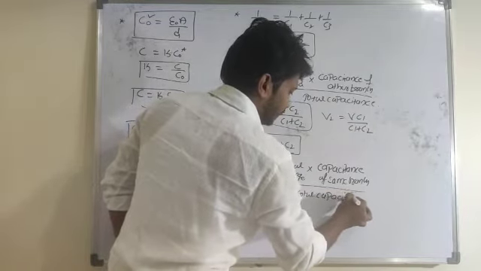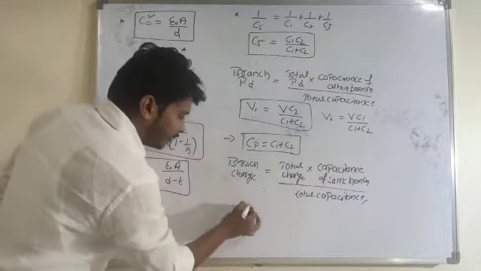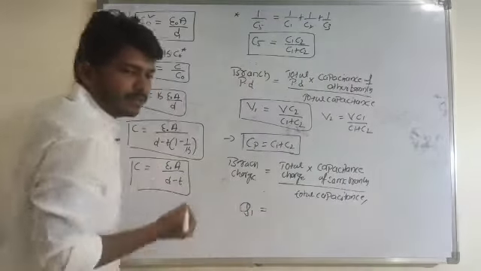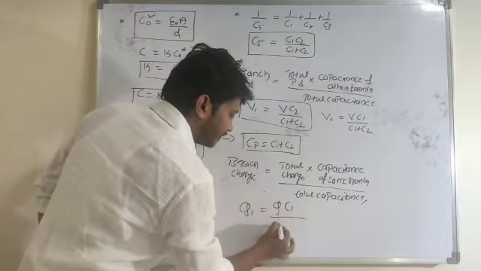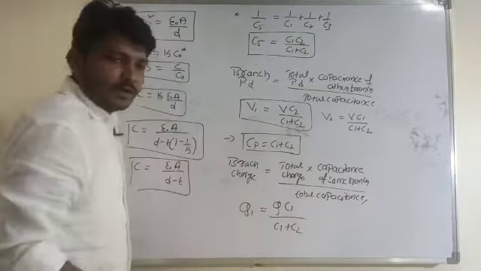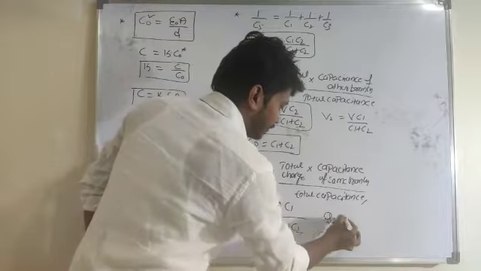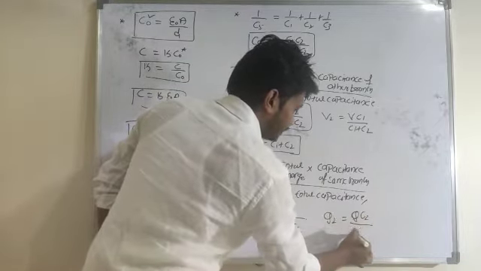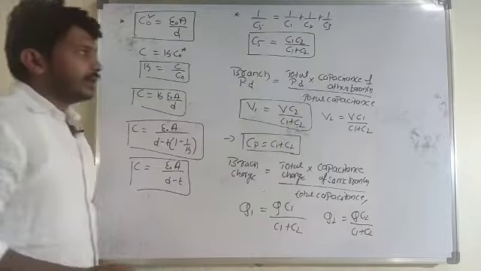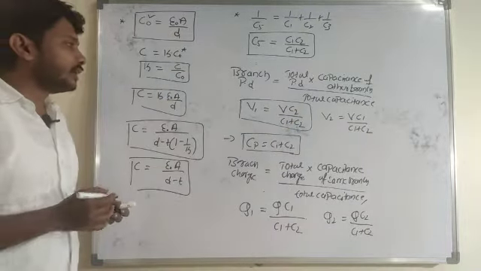This is the generalized formula. For example, the charge on the first capacitor Q1 is equal to the total charge into the capacitance of the same branch divided by the total capacitance, and Q2 is likewise the total charge into the capacitance of the same branch divided by the total capacitance. So these are all the connecting formulas.